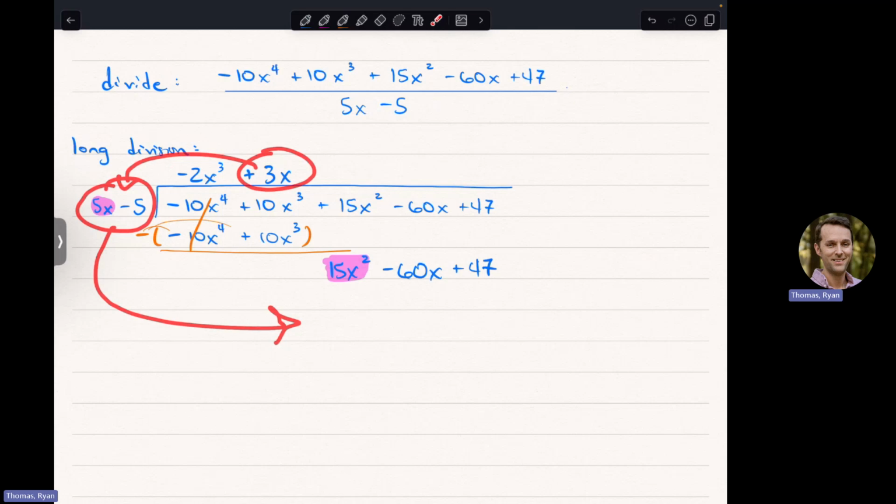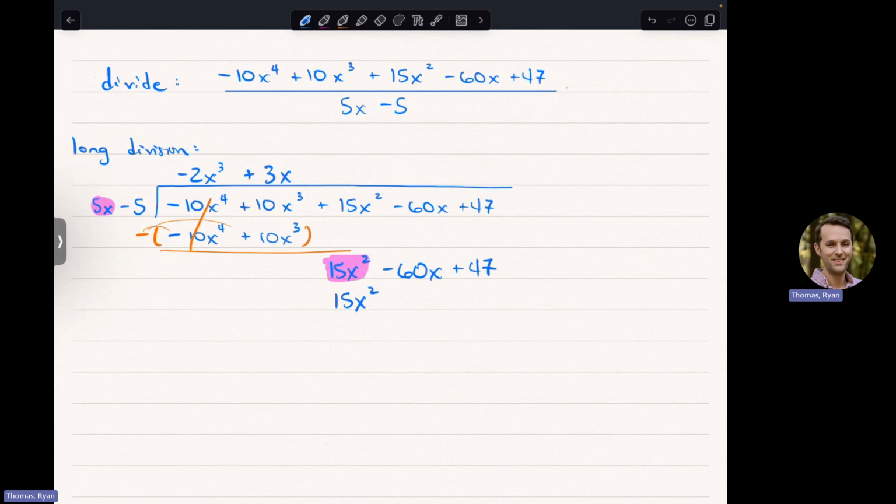So 3x times 5x is 15x squared, and 3x times negative 5 is minus 15x. Subtract. Again, leading term drops off. That was the whole idea. Negative 60 minus negative 15, so negative 60 plus 15 is negative 45, and then 47 minus 0.